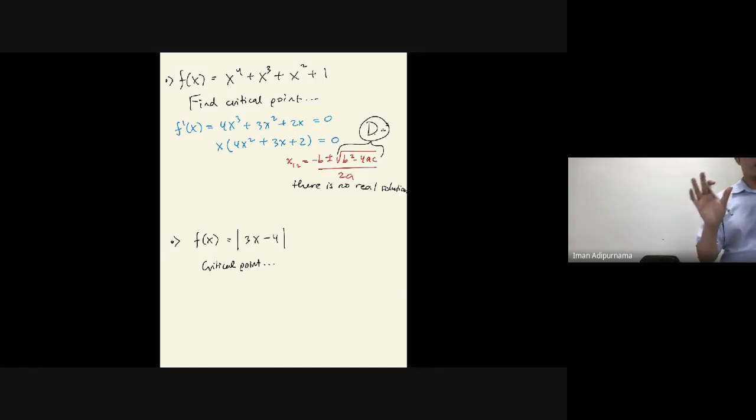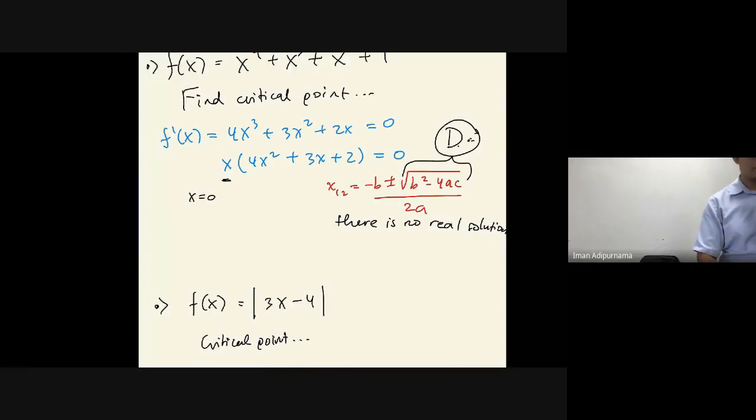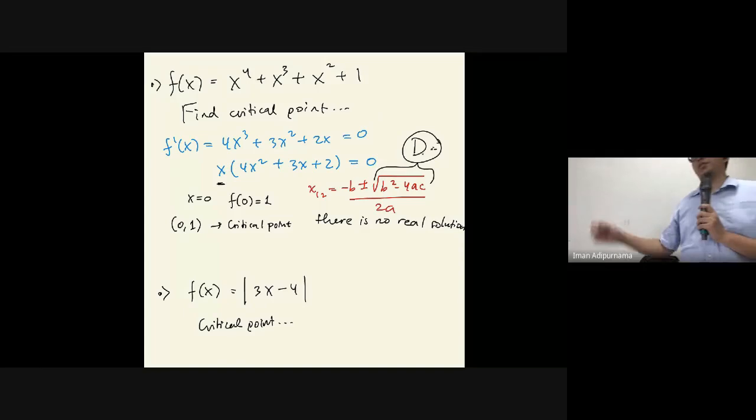So the only way you can get the solution is just looking at this x. When x is 0, because it's finding the critical point, then we find f(0) is 1. So (0, 1) is our critical point. Or you can just say the critical point is when x is 0, that's also okay.